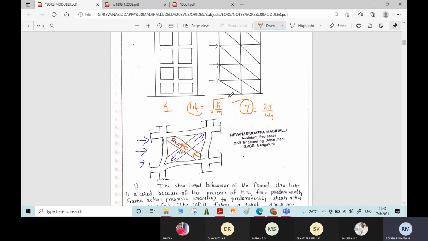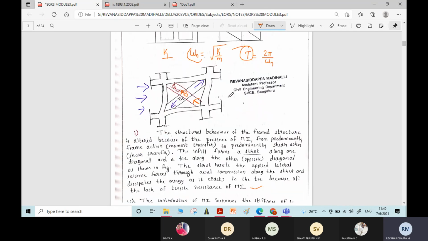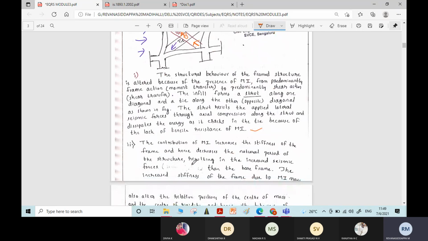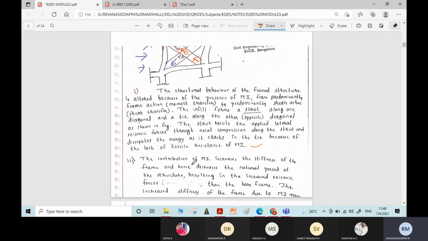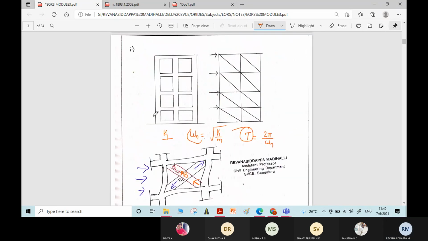This is one of the disadvantages of masonry infill. When you provide masonry infill, it will increase the stiffness of the overall frame. Stiffness increases, then natural frequency increases. When natural frequency increases, it will result in reduced time period. Reduced time period means what?